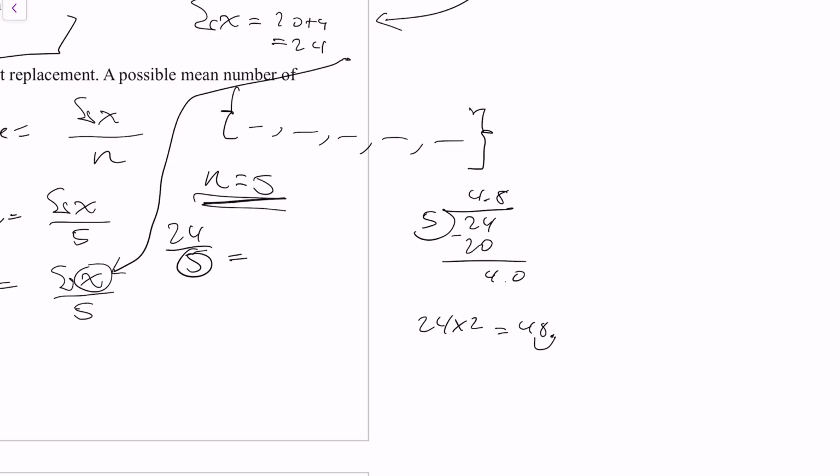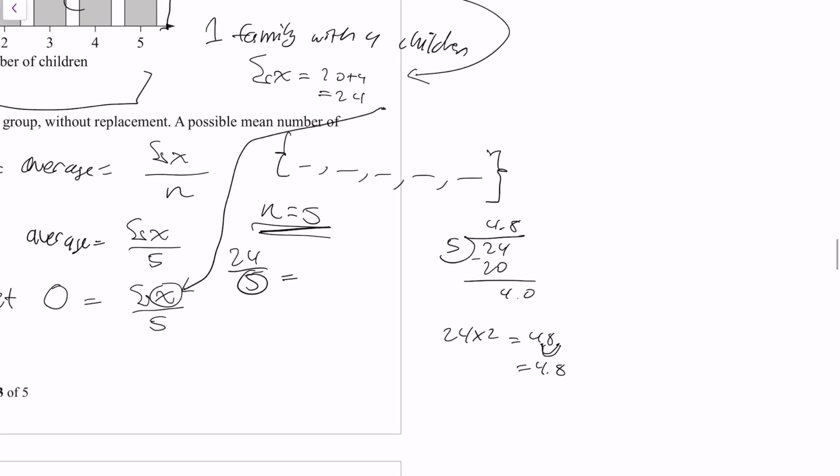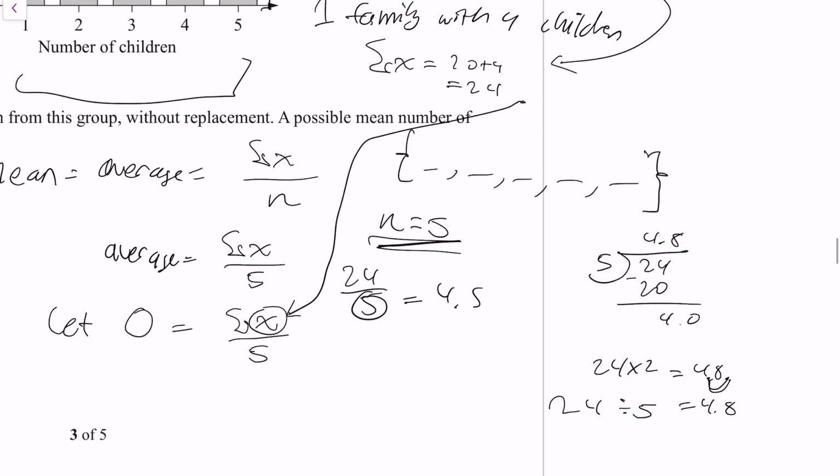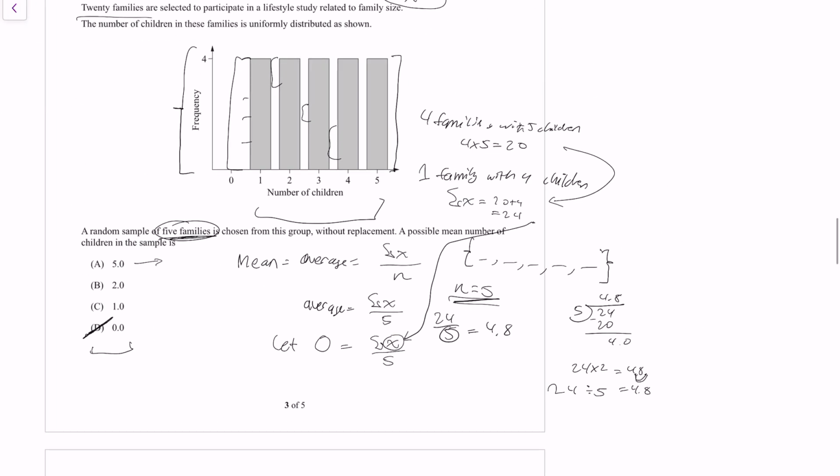So I move the decimal point back to the left, so it becomes 4.8. Yeah, that's how I usually do 24 divided by 5. Just times by 2 and divide by 10, or just move the decimal point to the left. So 4.8. Now, this mean is not 5, but we know that this is the highest possible mean we can get, so it's definitely not going to be 5.